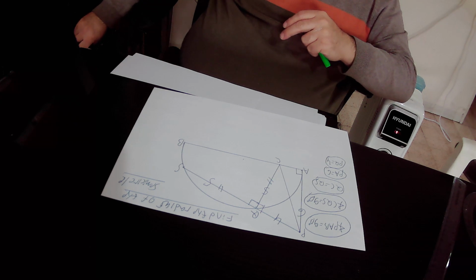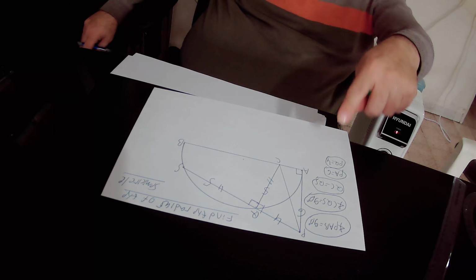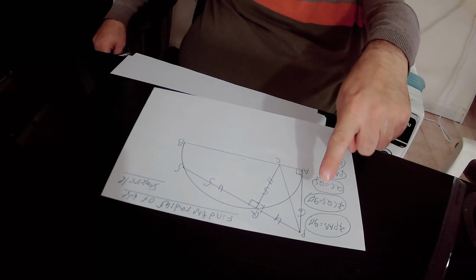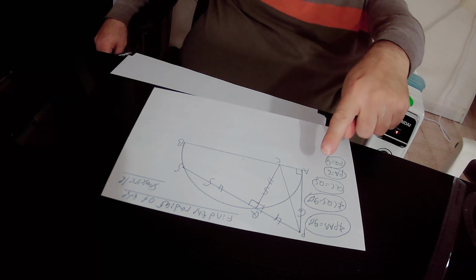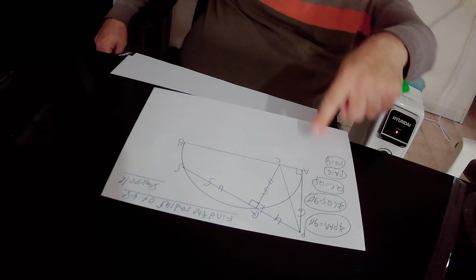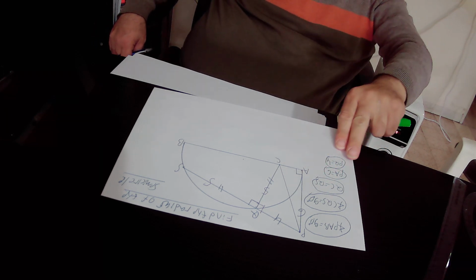In the next step, I'll copy the right triangle PAC onto a new page, and we'll implement the Pythagoras theorem in this right triangle PAC.